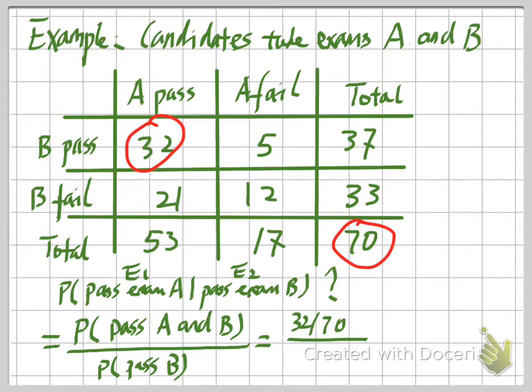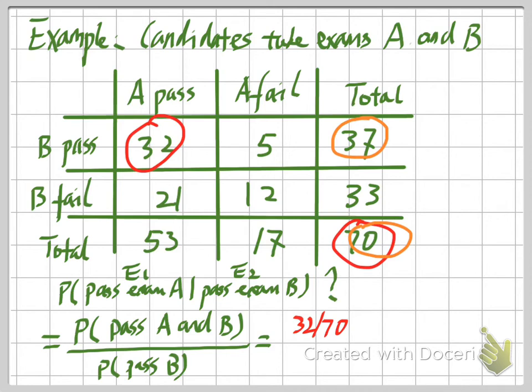And then similarly, look at the probability of people passing exam B. This will become the number of people who pass exam B, which here is 37, and we also divide it by the total number, which is also 70.